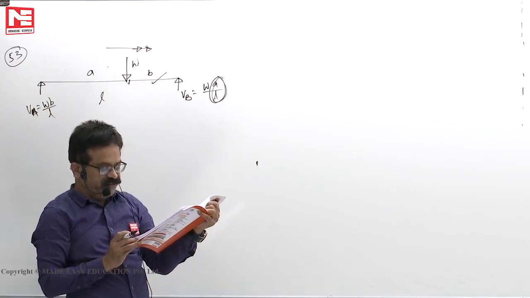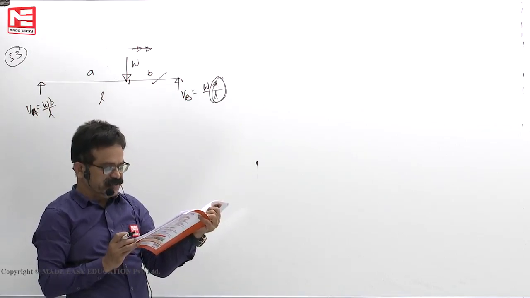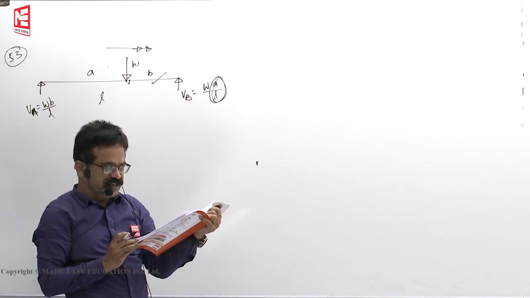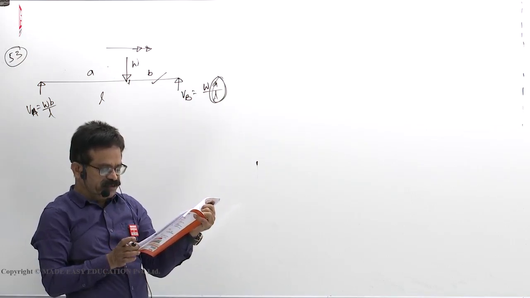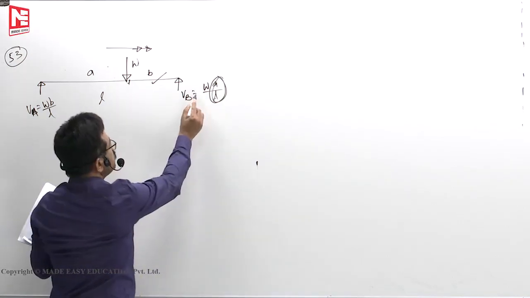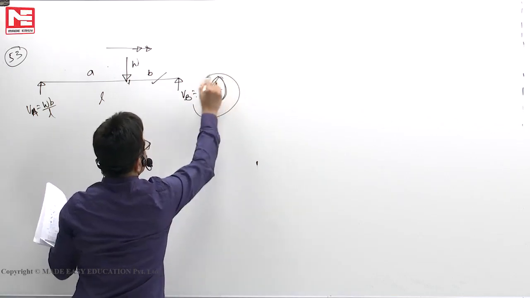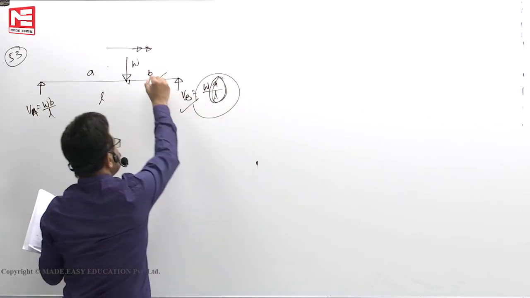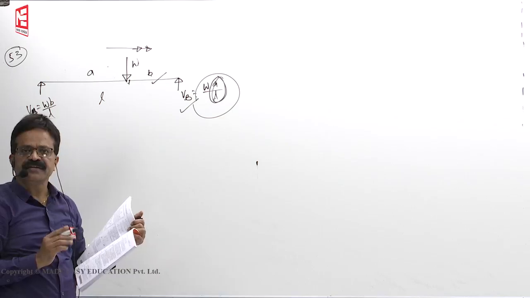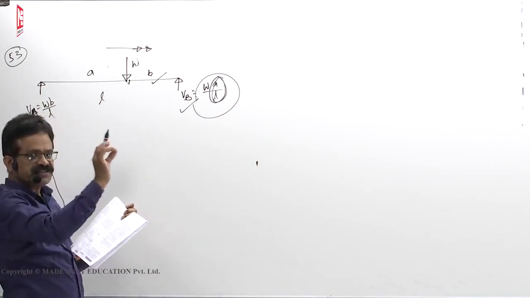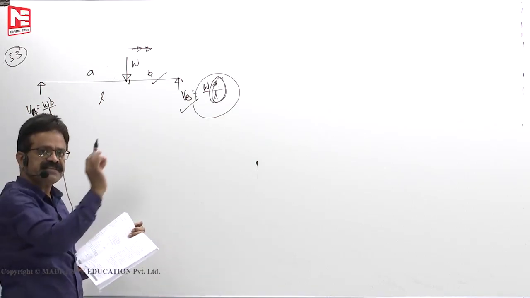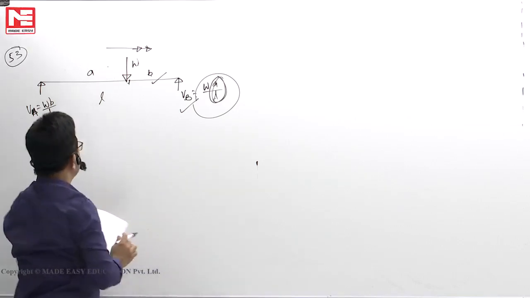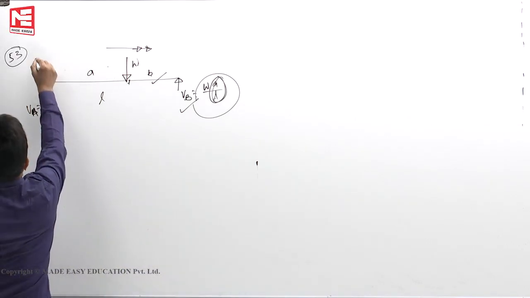Next reason. When the load maintains the same A by L ratio in all spans, the reaction at the right hand support remains the same. This is the reason for shear force to be constant. So assertion, reason is correct, and reason is the correct explanation for the assertion. So 53 is the A.